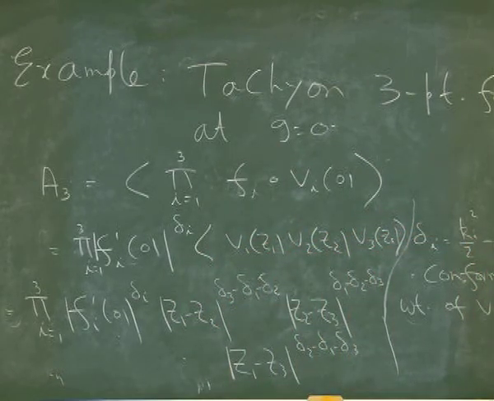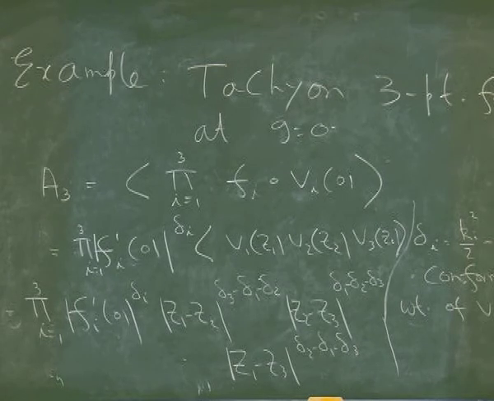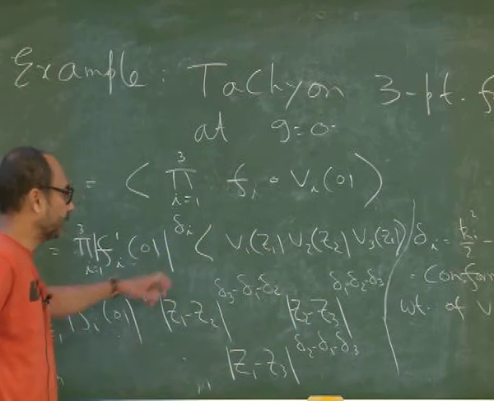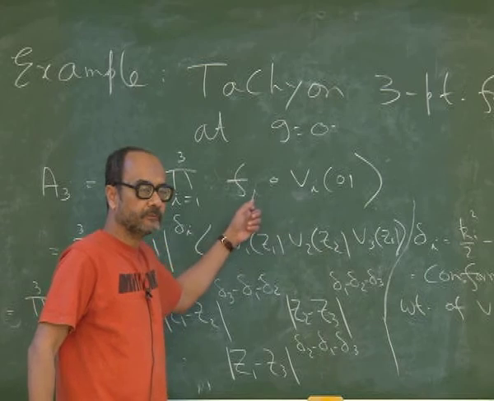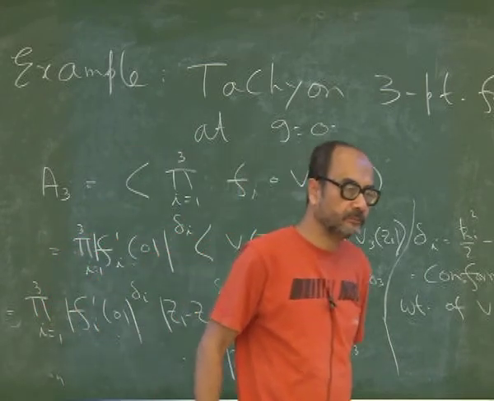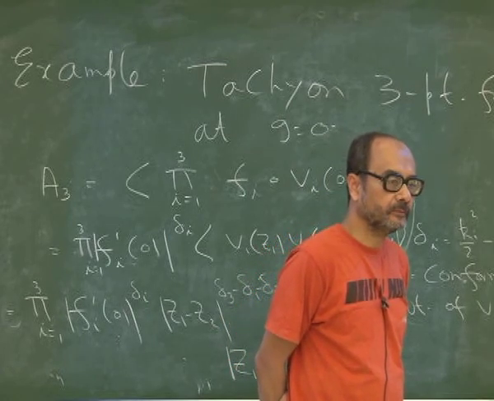Without the factor F in front, the rest of it has the proper structure of a 3-point function of 3 primary operators. This one is an overall multiplicative factor. This comes because you have to first conformally transform these V_i's.